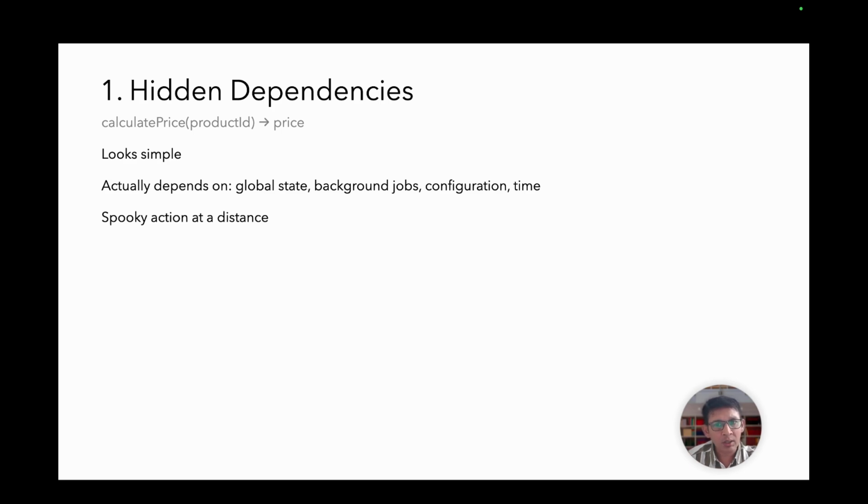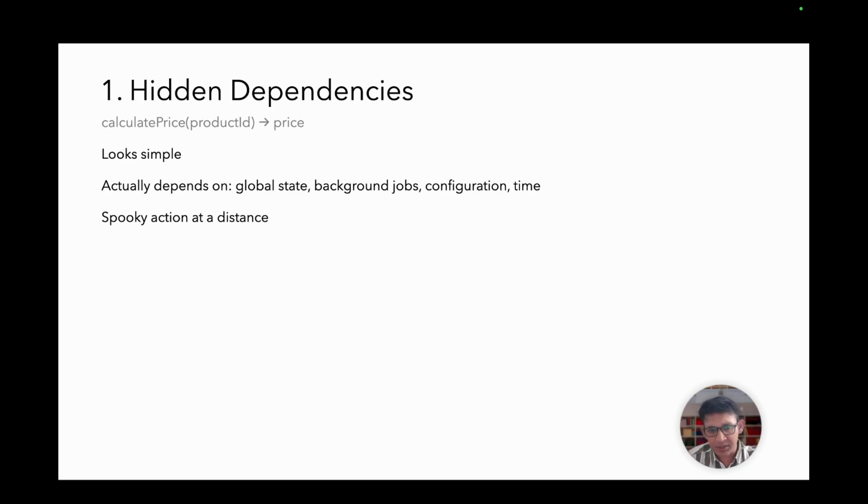That job runs on a configuration. The configuration differs between environments. The actual causal chain, product ID, and current time, and background job state, and configuration all combine to produce the price. The function signature promises simple causality. The reality is vastly more complex.